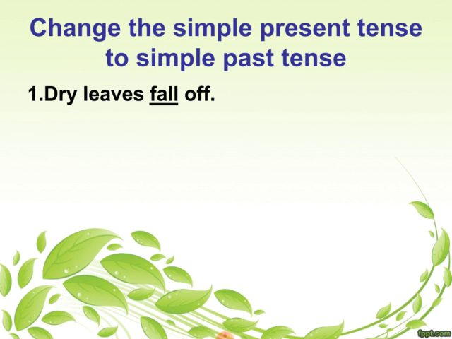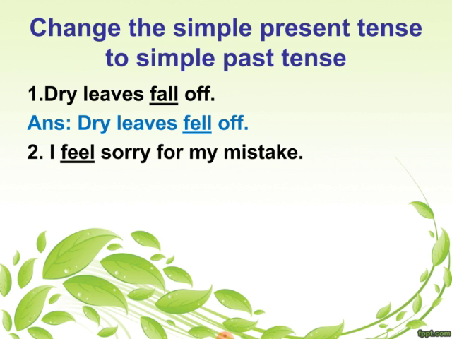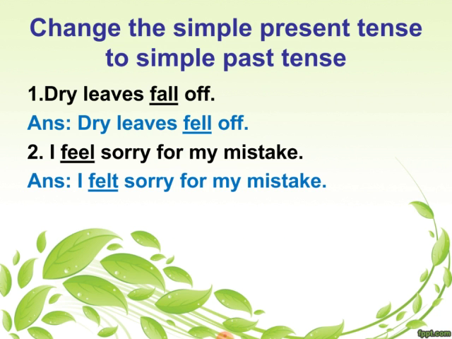So here in this sentence, fall is the verb. What will be the past tense of fall? Dry leaves fell off. Next, I feel sorry for my mistake. Feel becomes felt. I felt sorry for my mistake.